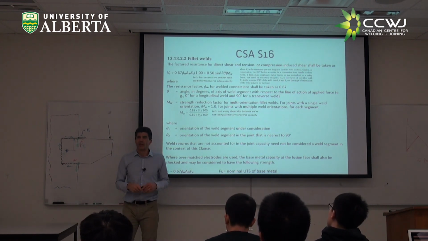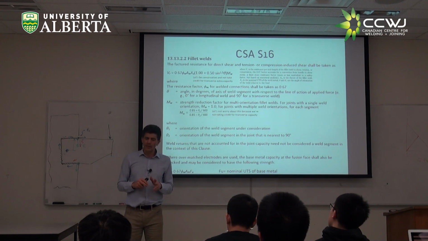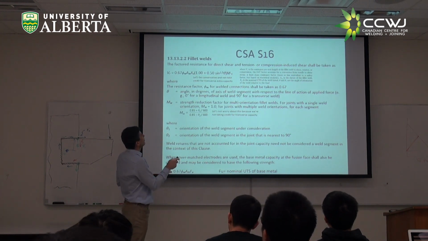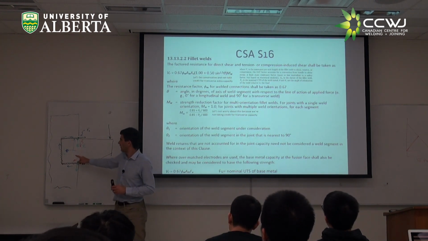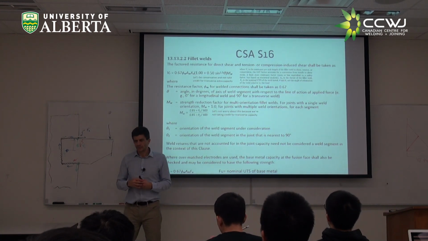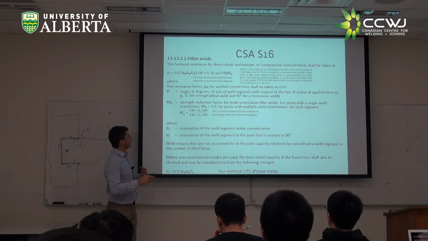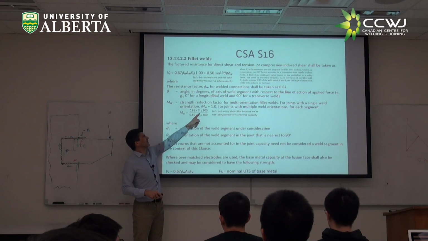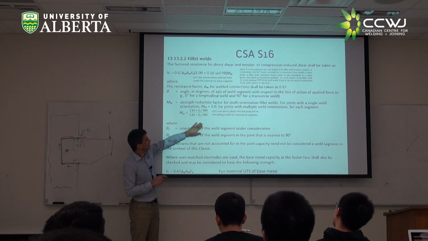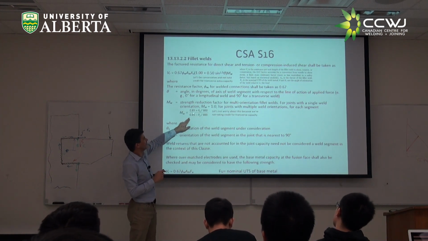Very difficult. The other thing that I think should be in, but is not in the way the American literature does it, is a knockdown. This is not going to fail all at the same time, right? If we were to be conservative, we would say this is longitudinal, this is transverse.